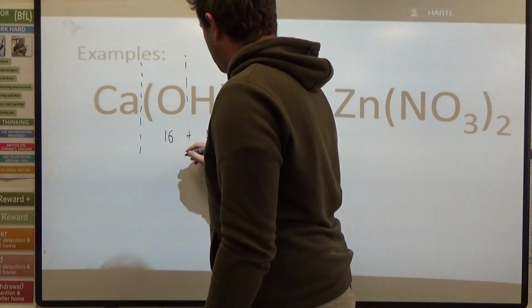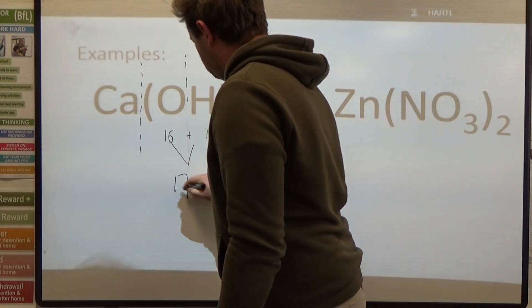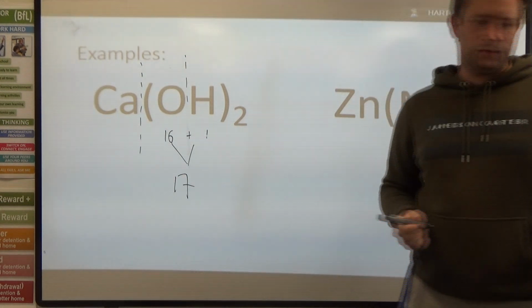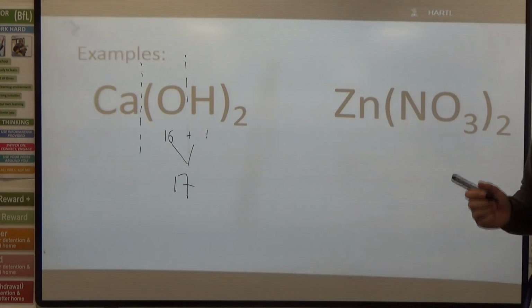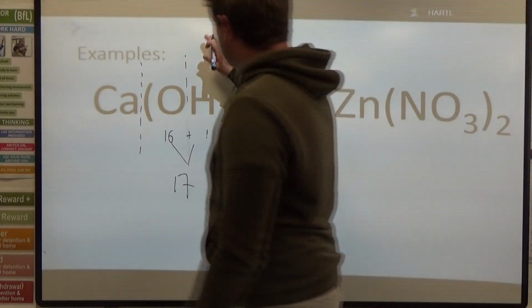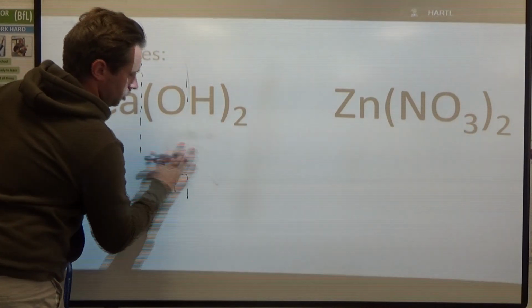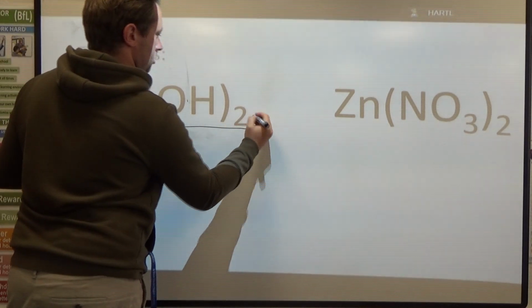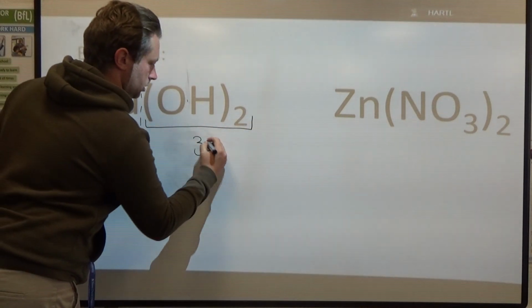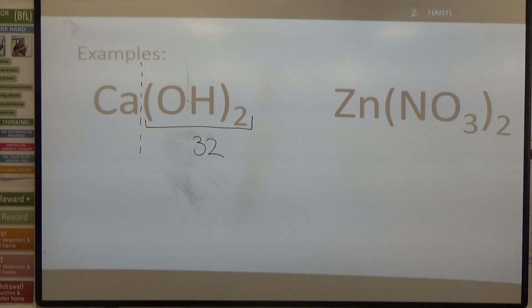Good. But we need 2 lots of that 17, which will give us what? 34. Good. So now, if you just look at the board, we've dealt with this whole bit here, and we've got our overall number for that part of the formula there at 34.